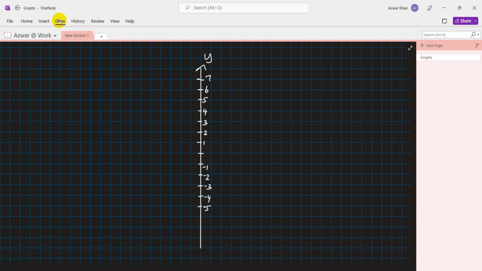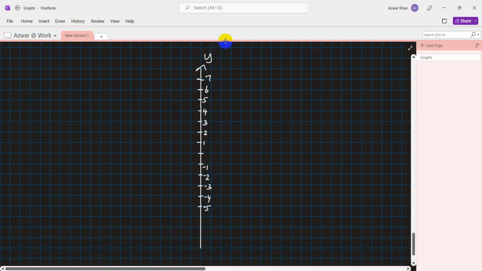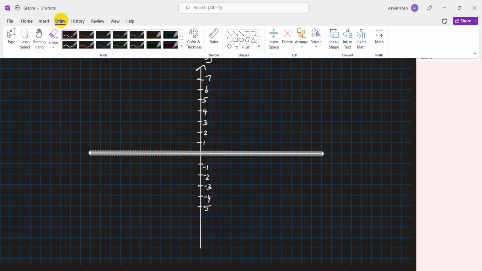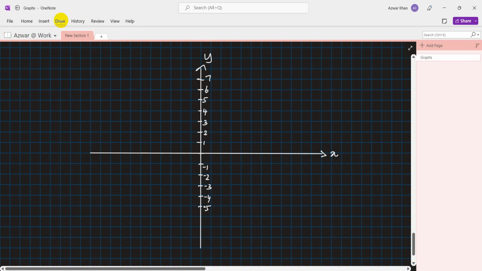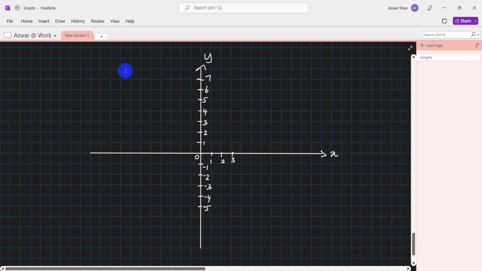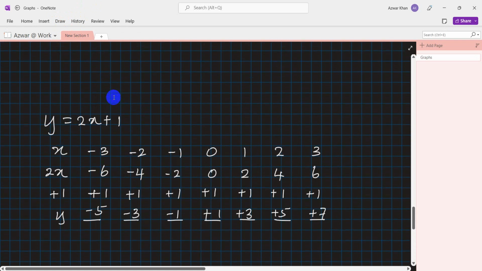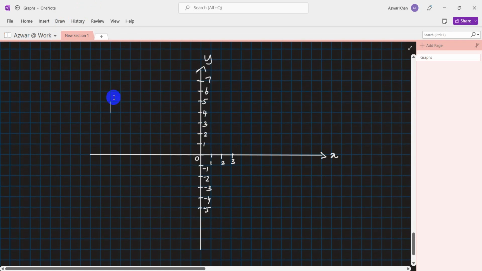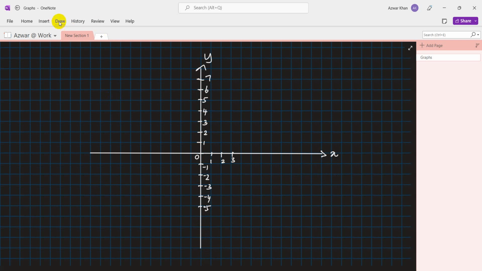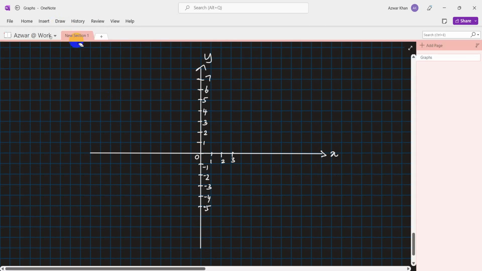Now I'm going to draw my x-axis. So this is my x-axis. This is 0. So I have 1, 2, 3, and negative goes down to minus 3. Okay, let's draw it a little stretched.